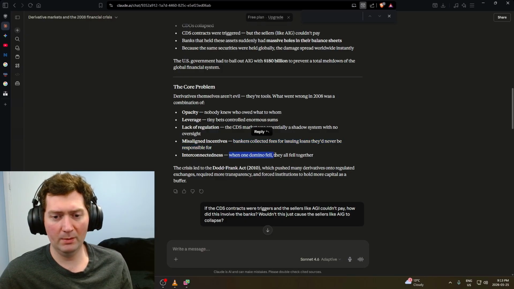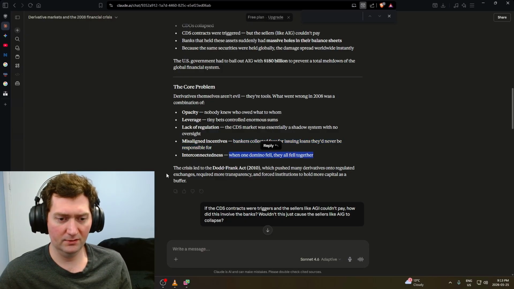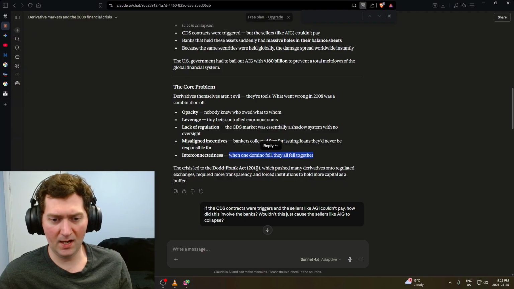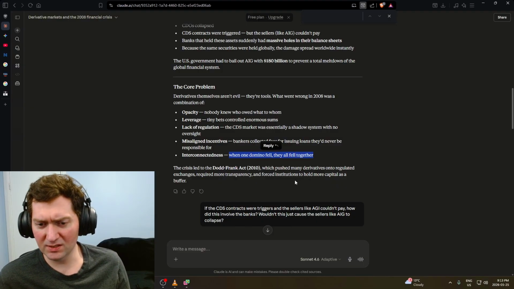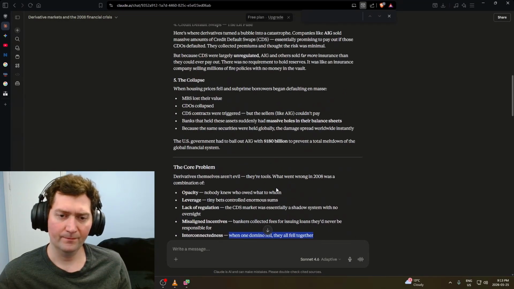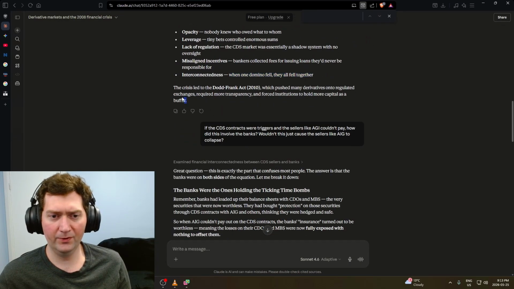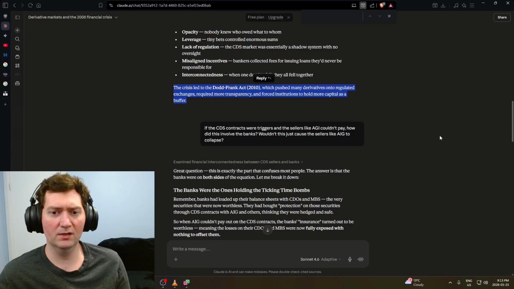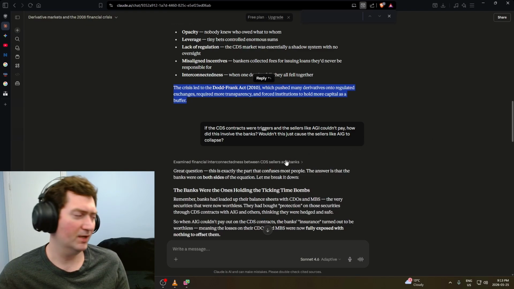Interconnectedness, when one domino fell, they all fell together. The crisis led to the Dodd-Frank Act in 2010, which pushed many derivatives onto regulated exchanges, requiring more transparency and forcing institutions to hold more capital as a buffer. Both good things, assuming companies don't find ways to get around that.